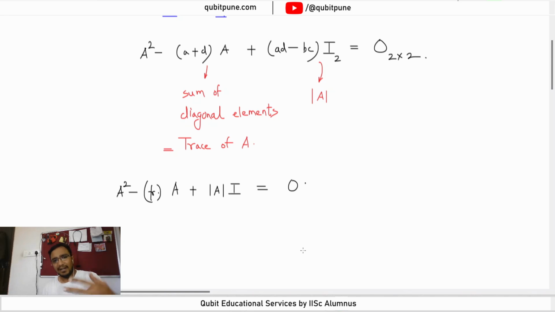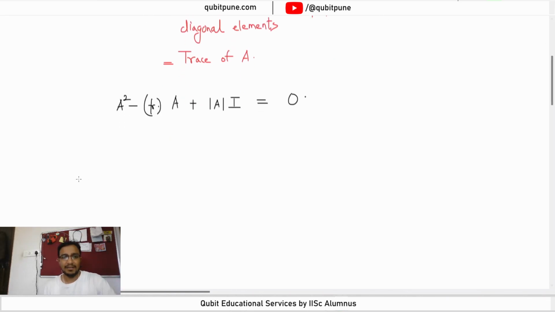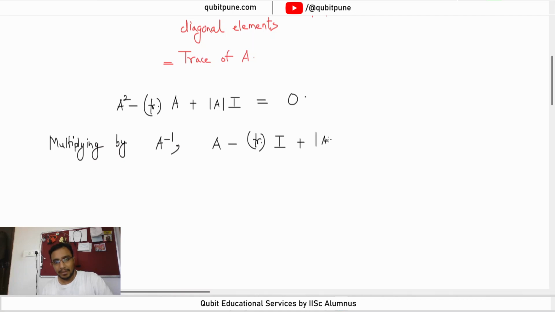Now let us suppose that the inverse of A exists. So I will multiply by A inverse. Multiplying by A inverse, we get A minus trace of A into identity matrix plus determinant of A into A inverse equal to null matrix. Therefore, trace of A into identity matrix minus A upon determinant of A is A inverse.